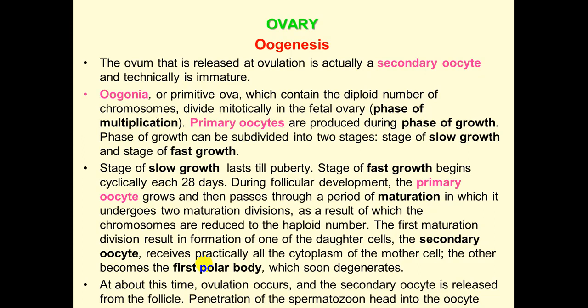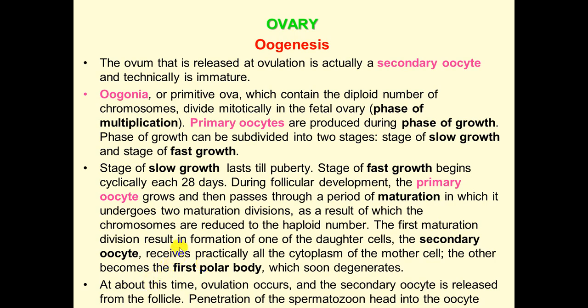And penetration of the spermatozoon head into the oocyte stimulates it to complete the meiotic division. That's why the second division of maturation usually takes place only during fertilization. If no fertilization, no second division.